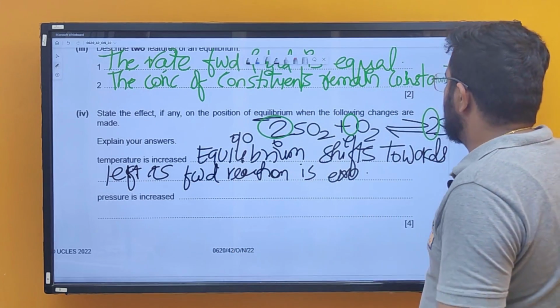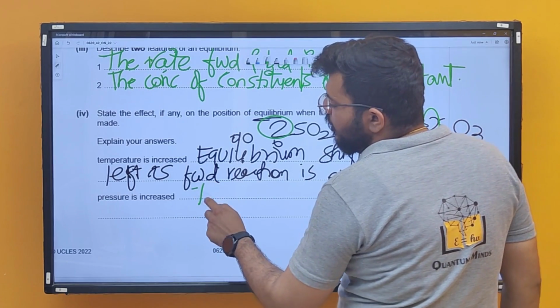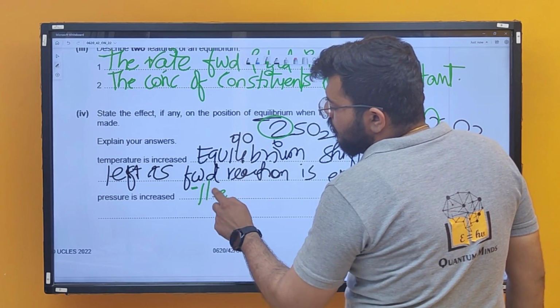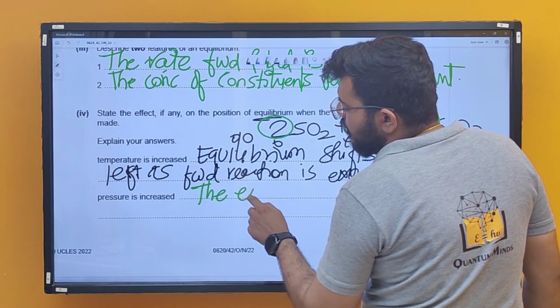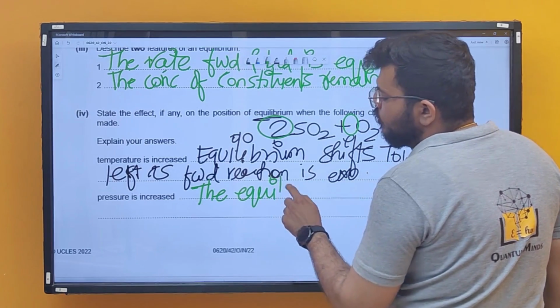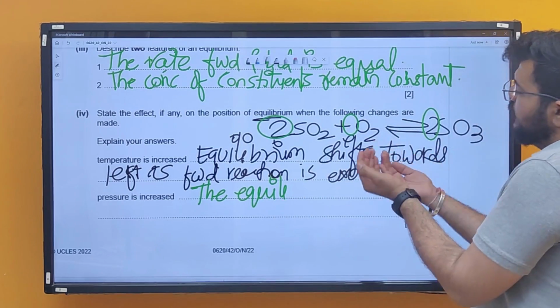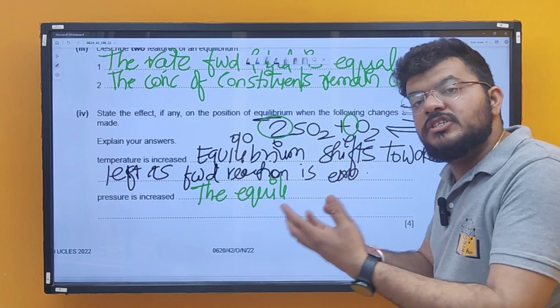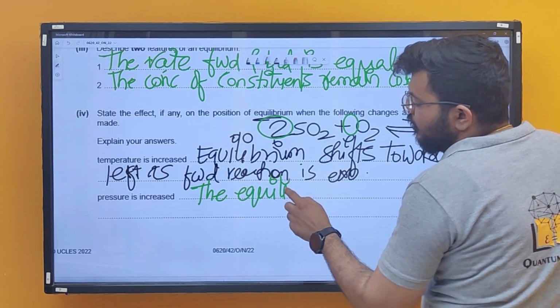So if pressure is increased, the equilibrium shifts to right, because on the right hand side number of gaseous moles are less.